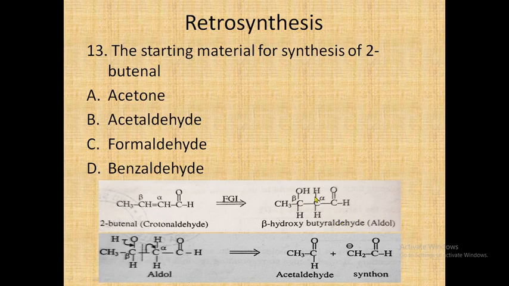And this beta hydroxy butyraldehyde on retrosynthesis gives you the starting material acetaldehyde. So from acetaldehyde you can easily prepare the product. So the answer will be acetaldehyde, a simple aldol condensation reaction.